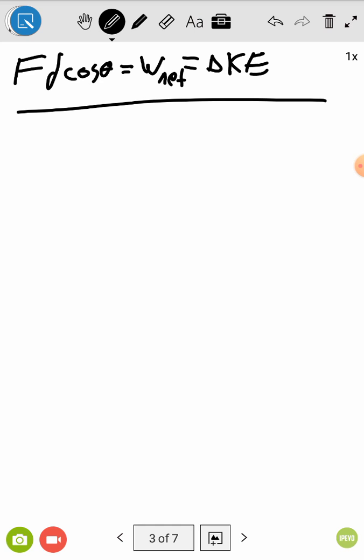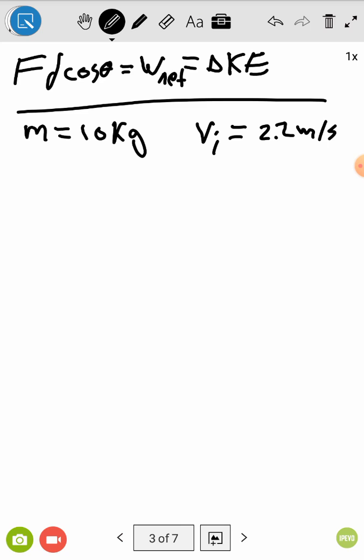Let us use this formula to solve the sample problem, page 161. In this problem, on a frozen pond a person kicks a 10 kilogram sled, so mass equals 10 kilograms, giving it an initial speed v initial equals 2.2 meters per second.